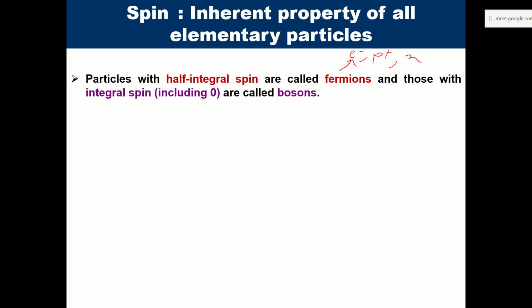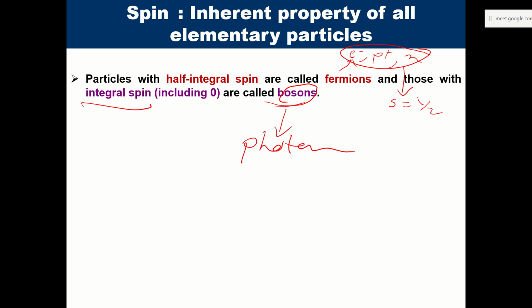All of these particles have spin quantum number s equal to half. Whereas bosons are particles which have integral spin, and the photon is an example.